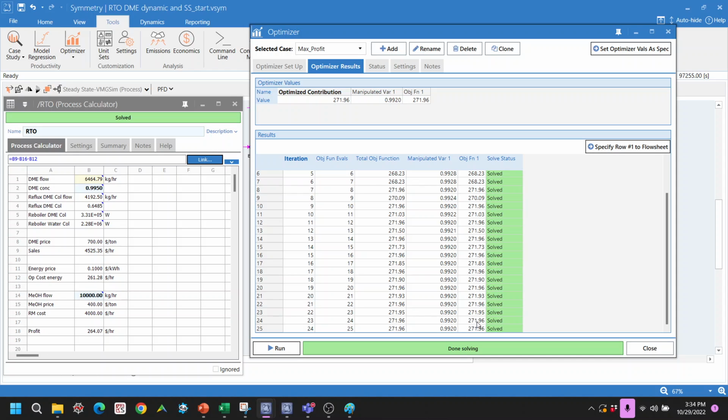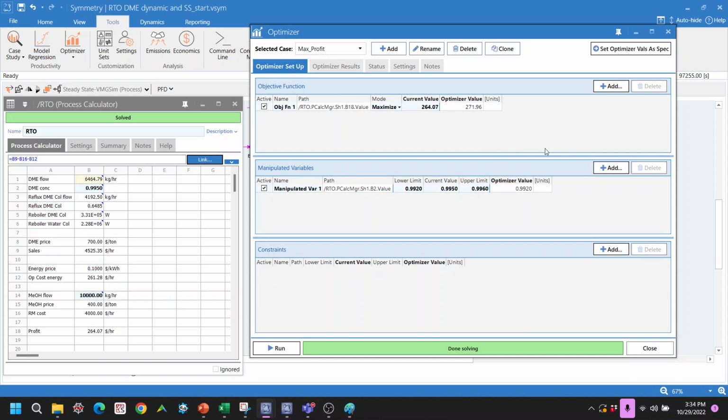That is the maximum profit that we get when we change the reflux ratio. So now I have this number, and I could also set the optimizer result as a specification, so I can use this number to get the actual number to the optimum number.